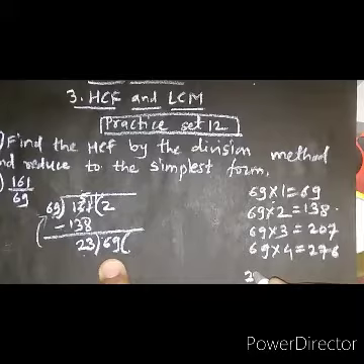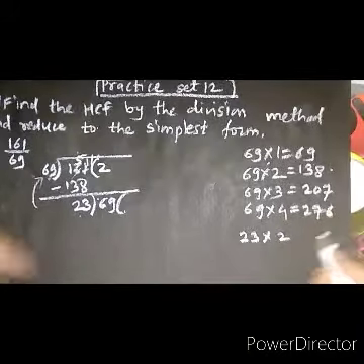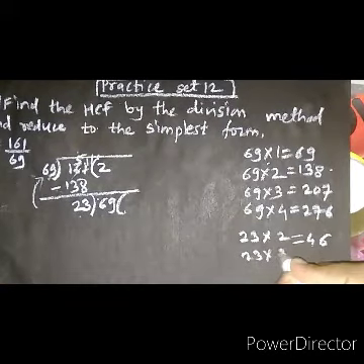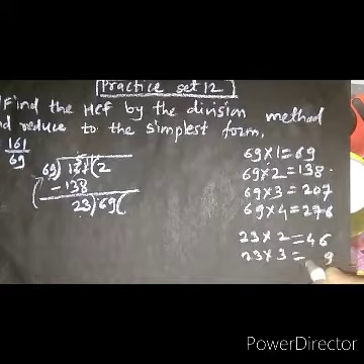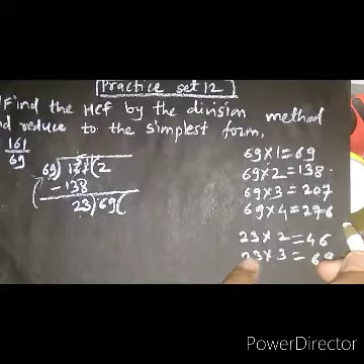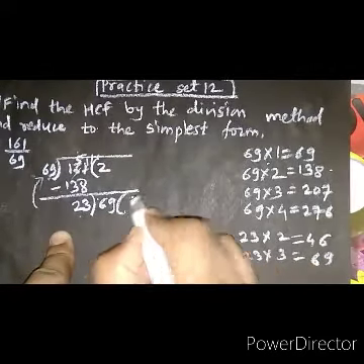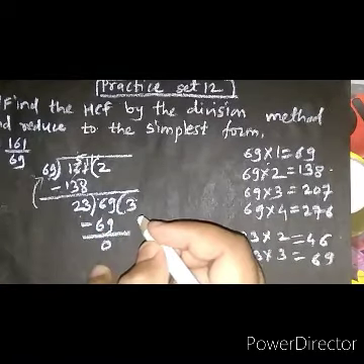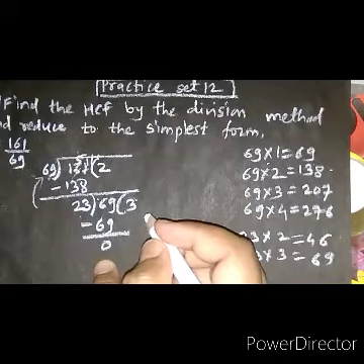So 23 ones are 23, 23 twos are 46, 23 3s are 69. Now 69 minus 69, that is the remainder becomes 0.